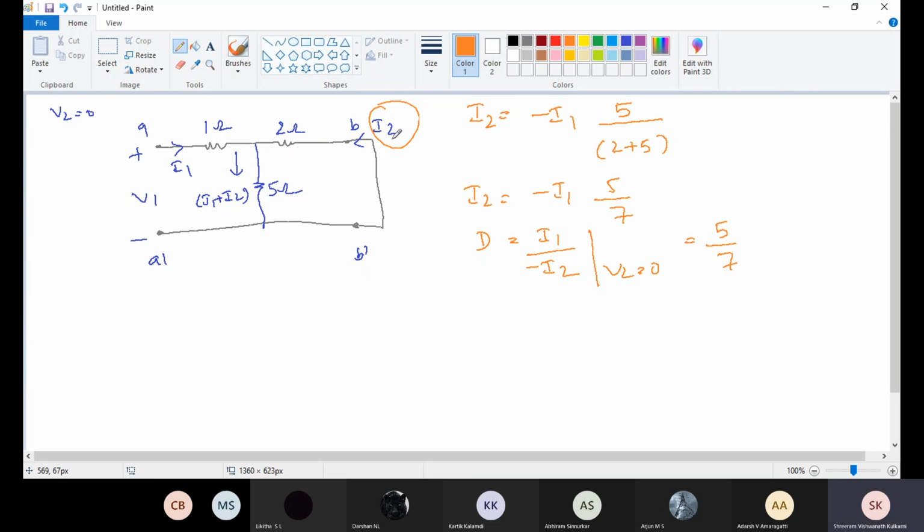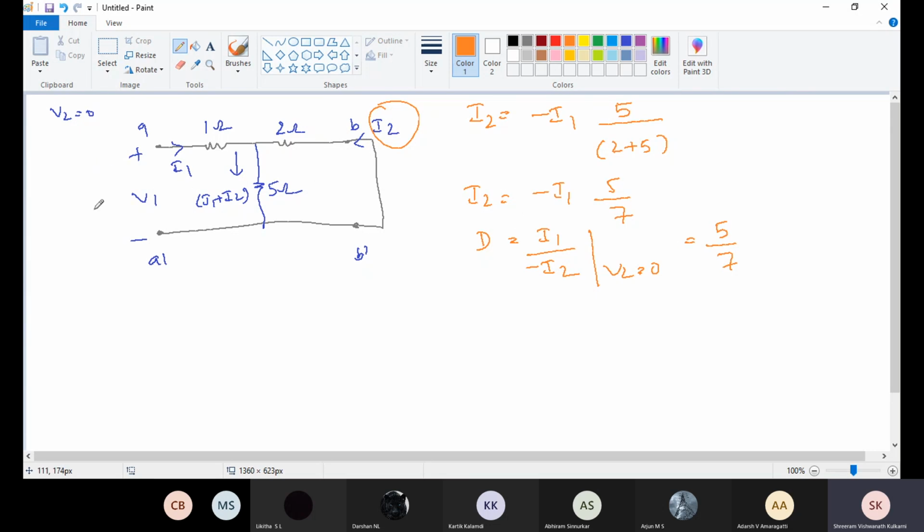Now, applying KVL at inputs, I already told you, whenever we are calculating the ABCD parameters, we apply the KVL at the input port and KCL at the output port. In case 1, minus I2 equal to 0, we calculated A and C. Then for the second case V2 equal to 0, we calculated D equal to 5 by 7.